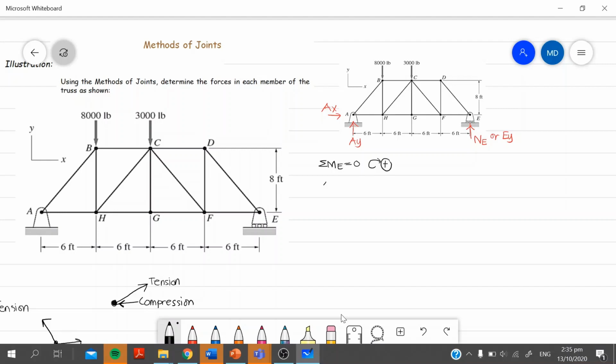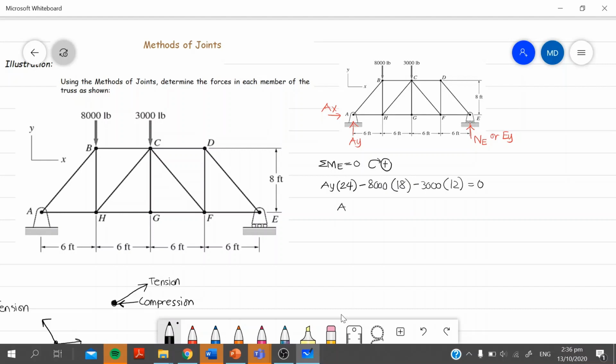So, AY, moment arm niya about E, 6 times 4, that's 24. And then, ang AX, wala siya moment about E because its line of action passes through E. So, ang meron lang is itong 8,000, which ang moment arm is 18. And then, ang 3,000 moment arm is 12.